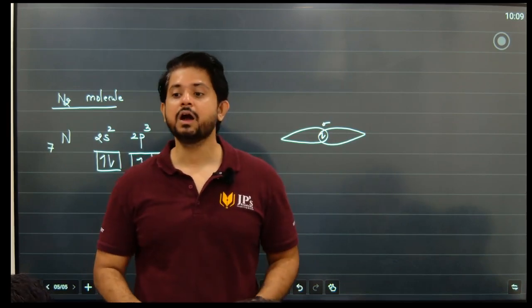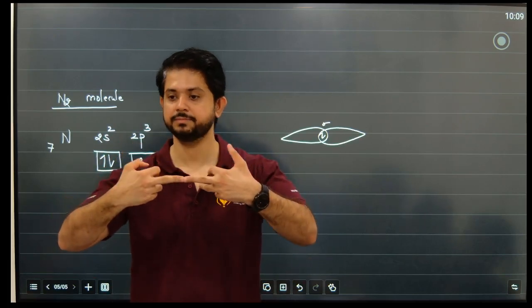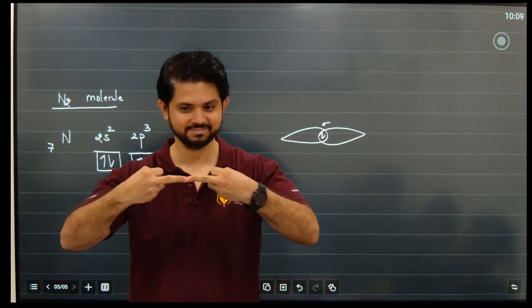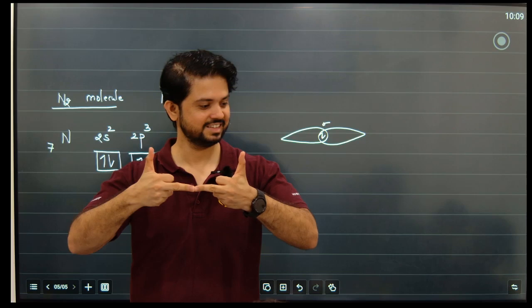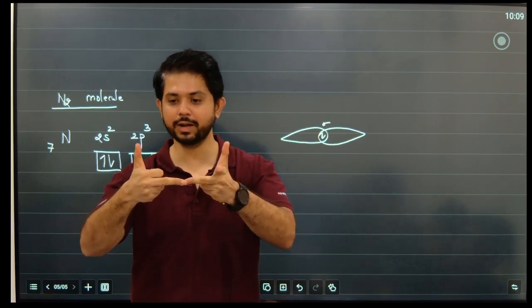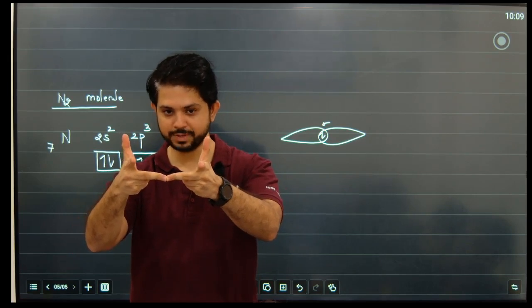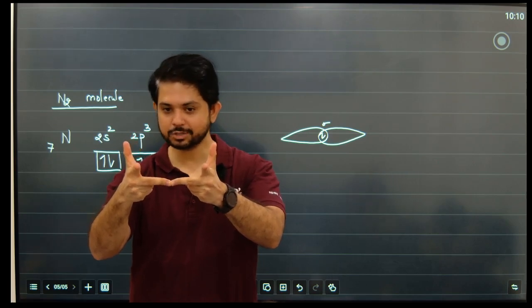I repeat, first overlap is 2px and 2px, second overlap is 2py and 2py, and third overlap is 2pz and 2pz. Did you people get that? Yes or no?